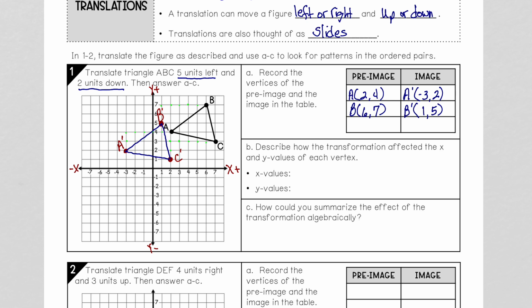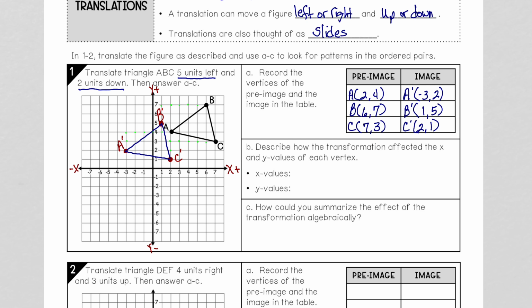The C pre-image was at 7, 3. The C prime is at 2, 1. All right, so that's how the pre-image is affected by the movement to make the new image.